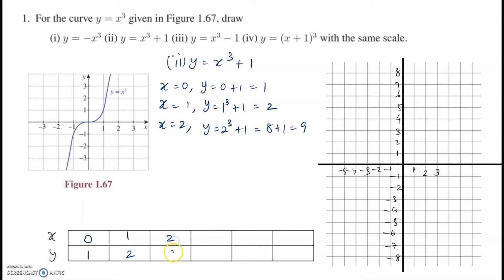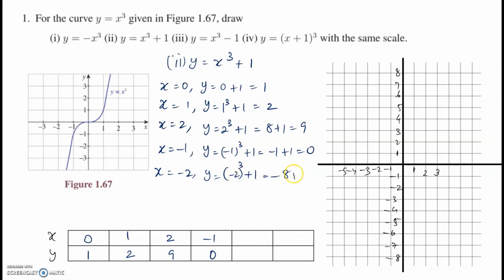So 2 and 9. Then when x is equal to minus 1, y will be equal to minus 1 cube plus 1, which is minus 1 plus 1, that's 0. Then when x is equal to minus 2, then y is equal to minus 2 cube plus 1, which is minus 8 plus 1, that is minus 7.